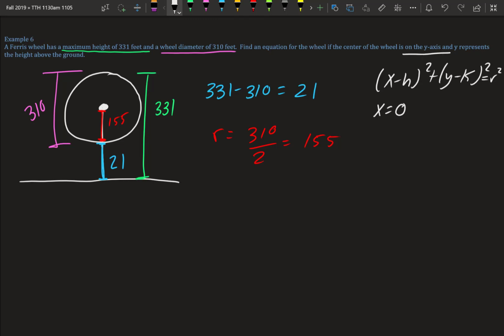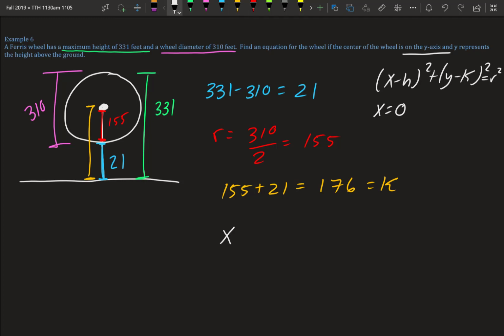And then all we have to do is find k. So k represents ground to the center. So we know the ground to the center is 155 plus 21. And we get 176, and that's our k. So let's plug everything in.